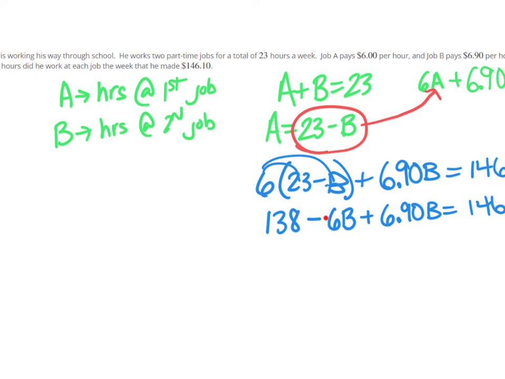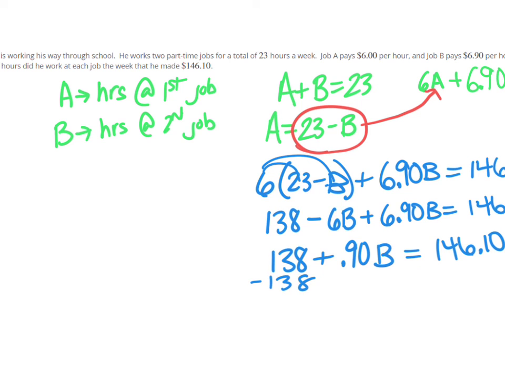You have a -6 with a positive 6.90. If you think of that money, it's like you had -$6 and a positive $6.90. I'm going to be left with 90 cents. So it's going to be 138 plus 0.90B equals 146.10. Subtract the 138 to the other side.